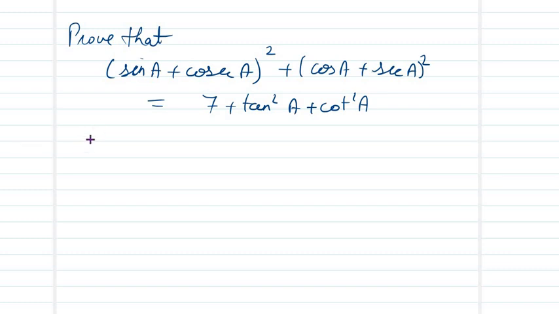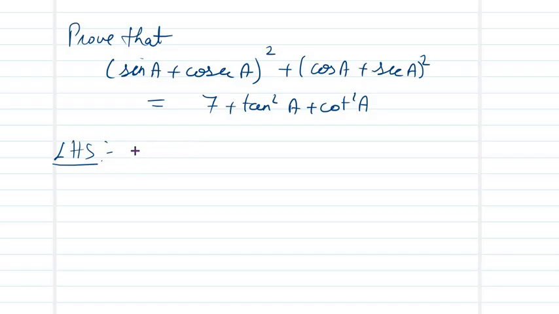In order to prove any of these identities, the best way is to take one side and simplify, and if possible you get to the other side by itself. Otherwise, take two separate sides and simplify to get the same answer. So I'm going to start from the left hand side. Is it possible to reach the right hand side from the left hand side?